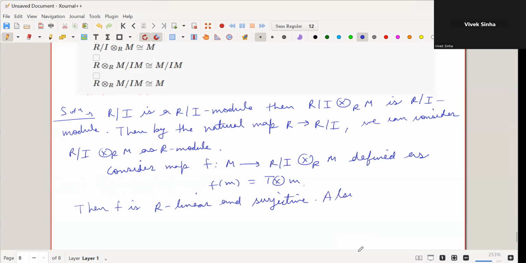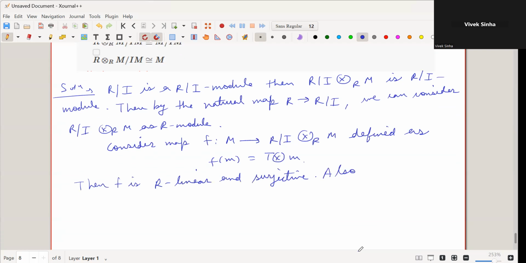Also, the kernel will contain all elements from IM.